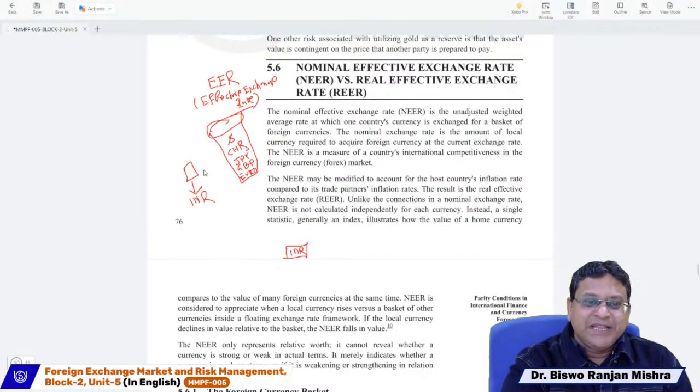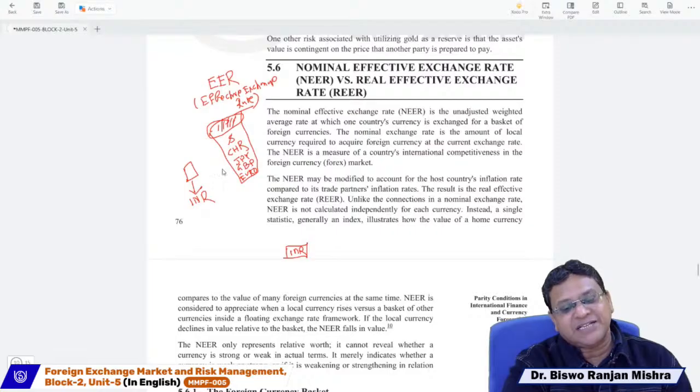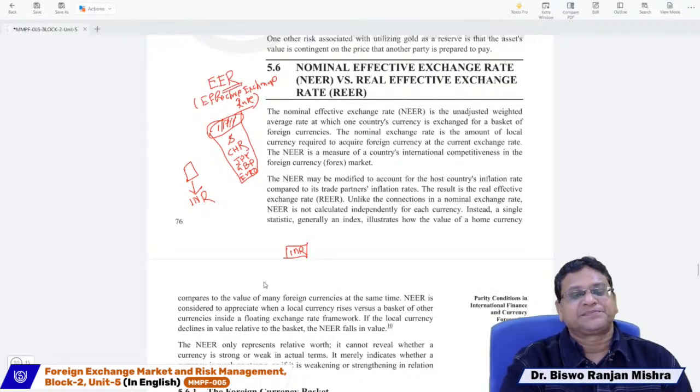Whether Indian rupee has performed well in comparison to this basket, or whether Indian rupee appreciates or depreciates in comparison to this basket of currency, is studied with the help of EER, effective exchange rate.